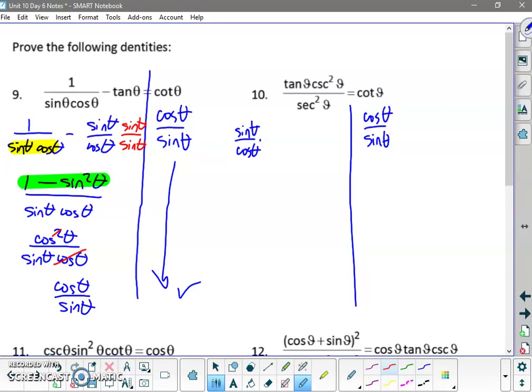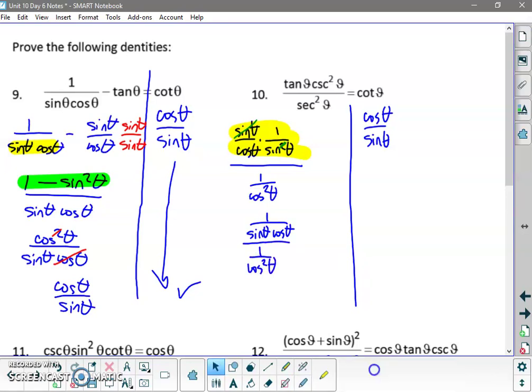Cosecant squared is going to be 1 over sine squared theta, all over secant squared, which is 1 over cosine squared theta. So now I'm going to try to clean up this expression in the numerator. I can see what's going to happen when I multiply those. That sine there is going to cancel with one of these here. So I'm left with 1 over sine theta cosine theta over 1 over cosine squared theta.